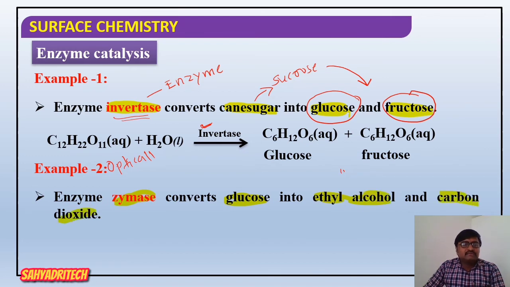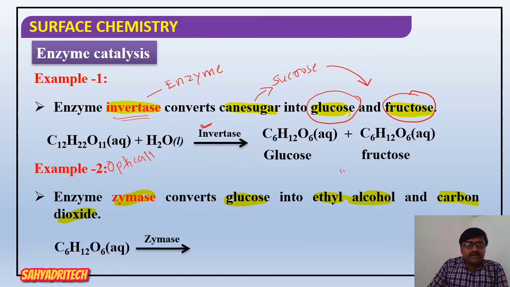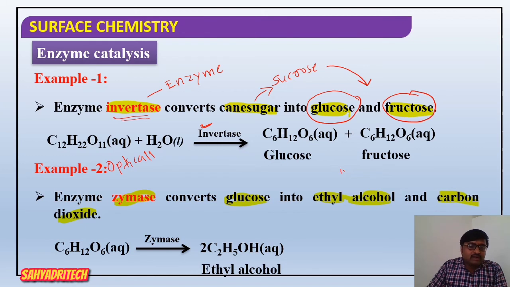Zymase is a kind of enzyme which converts glucose into ethanol and carbon dioxide. This is also one of the enzyme catalysis examples.